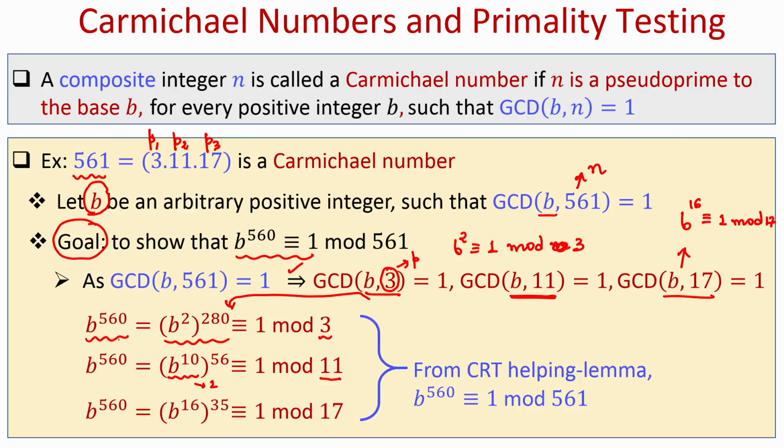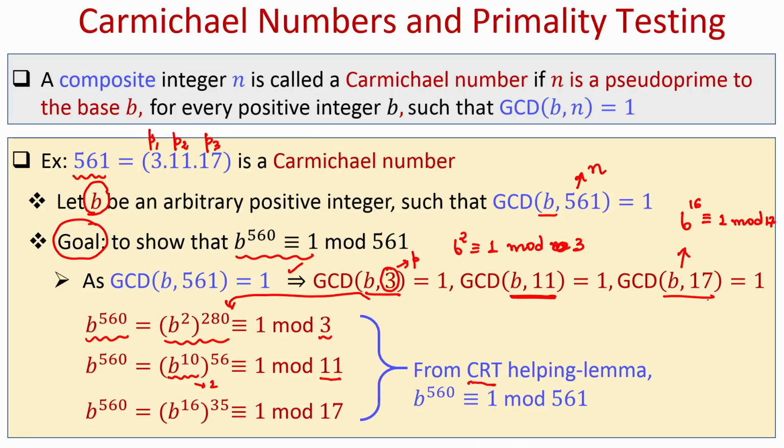So, that means b to the power 560 is congruent to 1 modulo 3, b to the power 560 is also congruent to 1 modulo 11, and b to the power 560 is also congruent to 1 modulo 17. So, now recall the CRT helping lemma. Let me rewrite the CRT helping lemma.